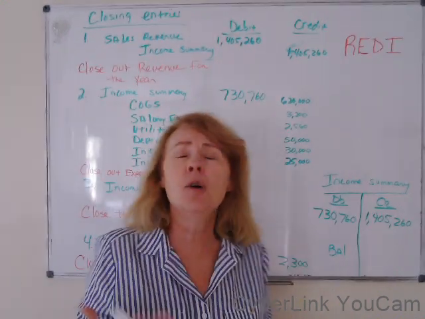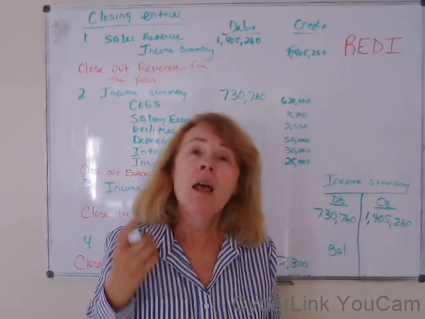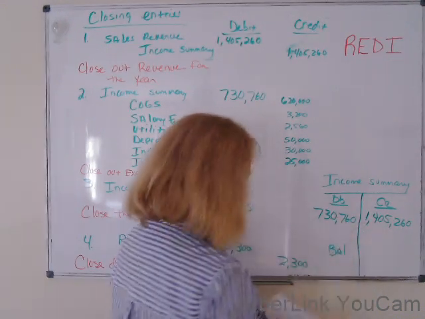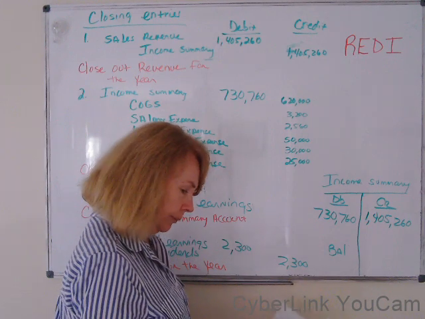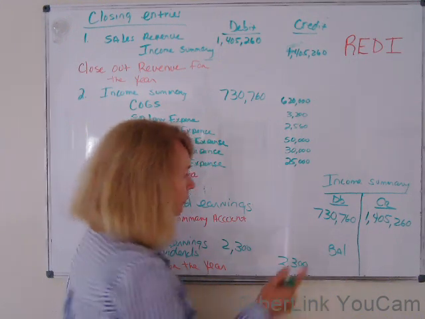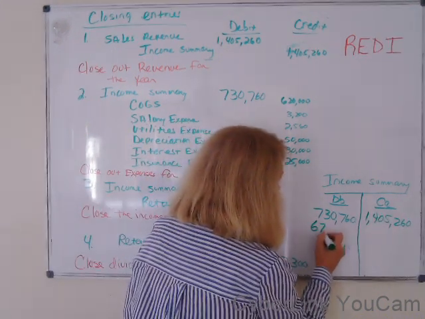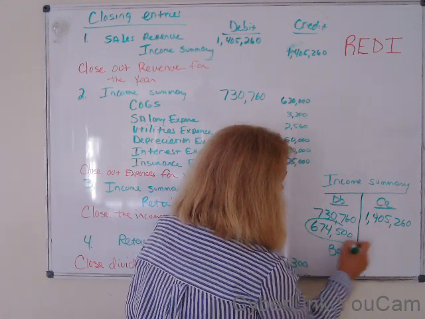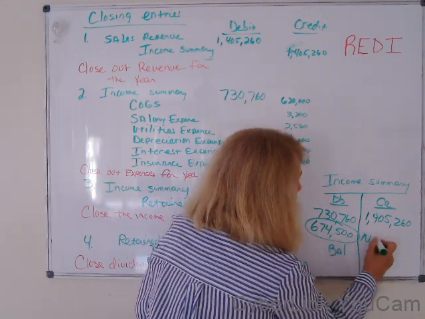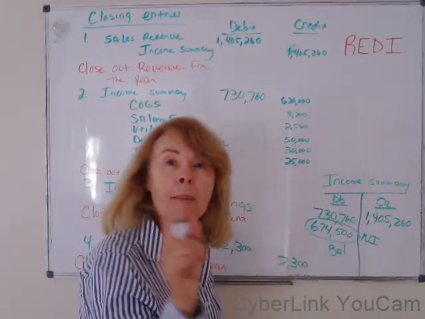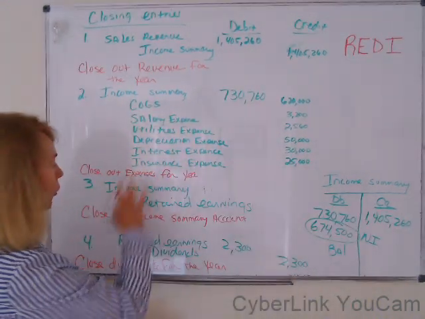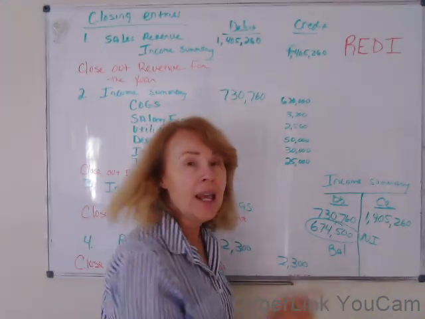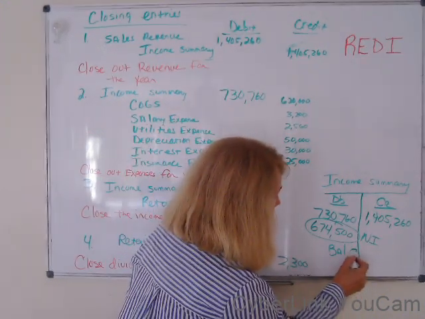It will also be the difference between your income summary and your expenses, and that total is $674,500. I'm going to circle that. That's your net income. But it's also your third closing entry, because what you're going to do is wipe out this income summary account to zero.